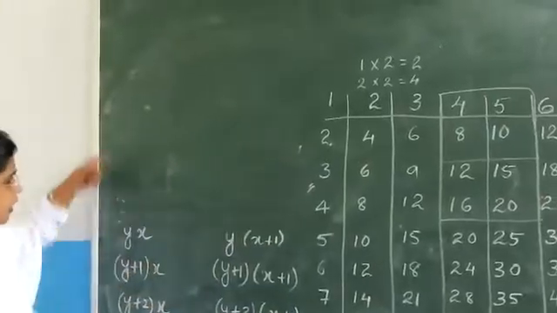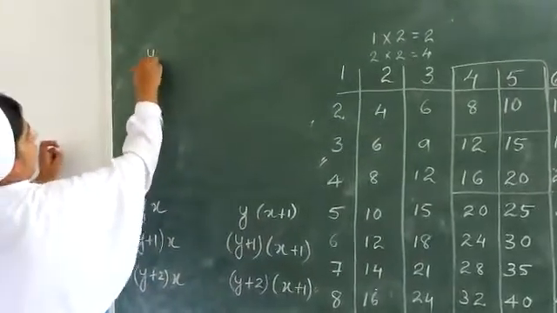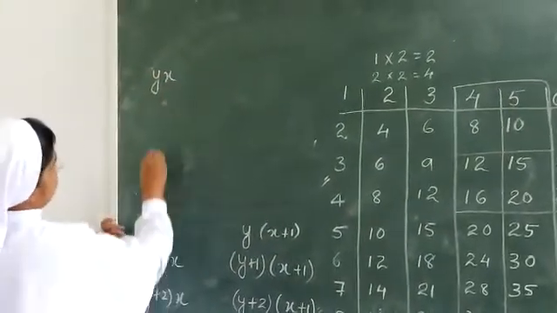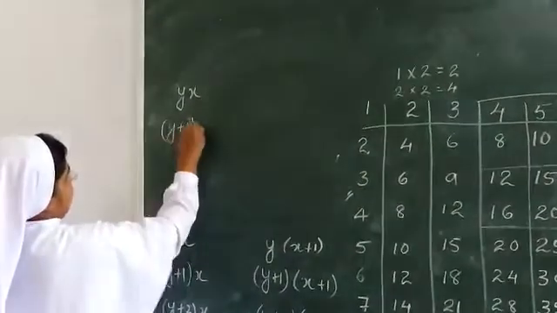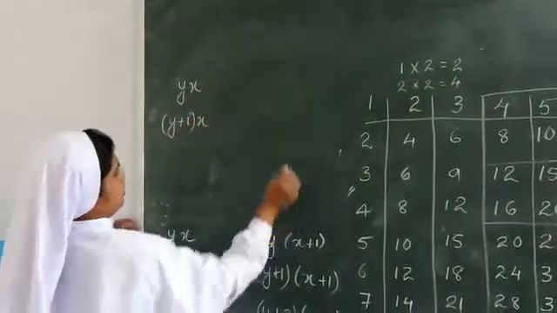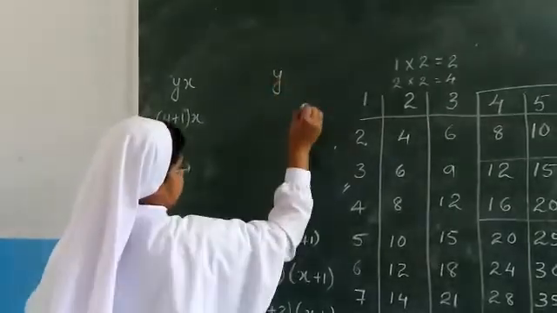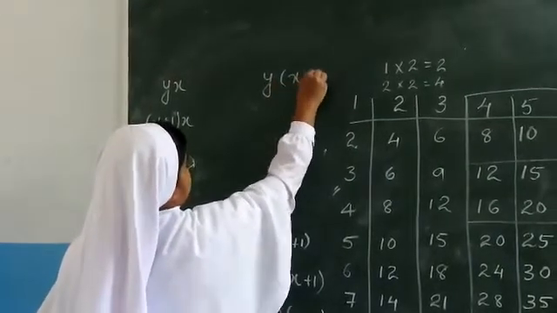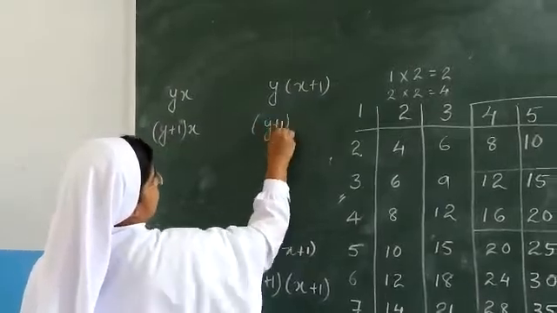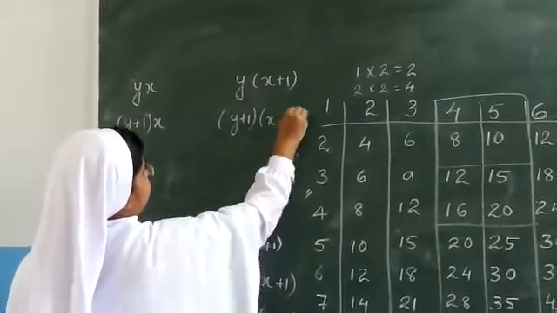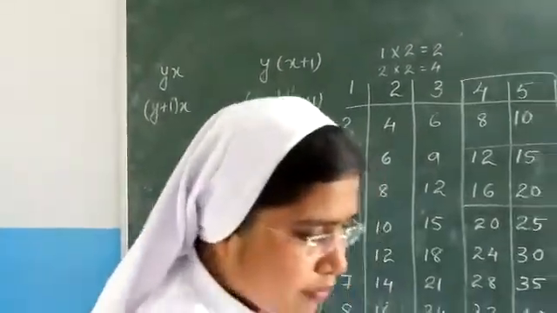So I am going to rewrite once again. yx, y plus 1 into x, here y into x plus 1, here y plus 1 into x plus 1. Okay.